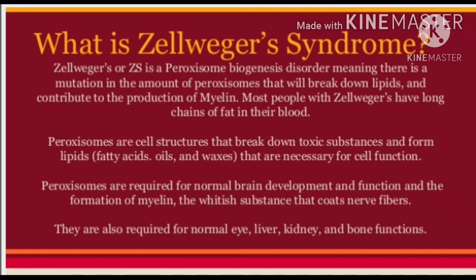Okay, when we analyze their cells, we can see long chain fatty acids remaining as such. Why? Because the beta oxidation of fatty acid is taking place at a very low rate. Okay, so Zellweger syndrome is associated with the inefficiency of beta oxidation of fatty acid in peroxisomes.